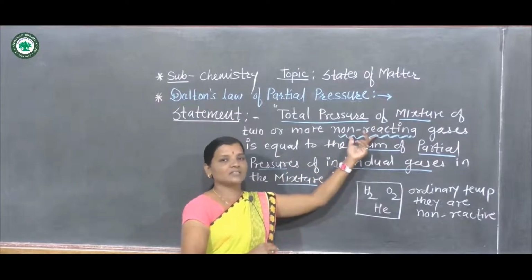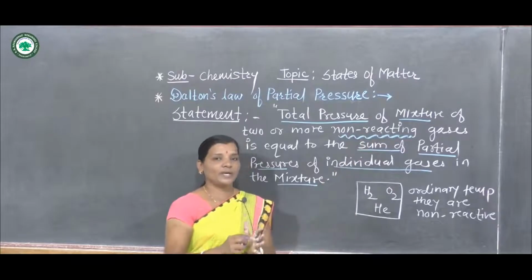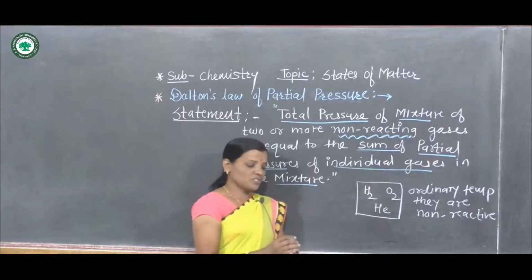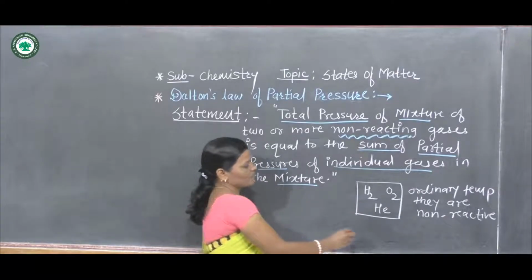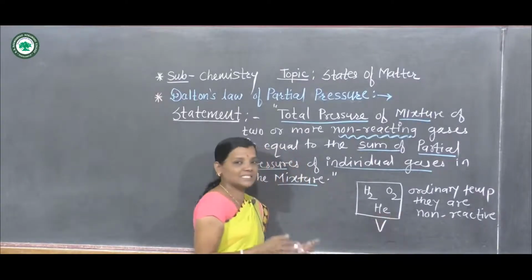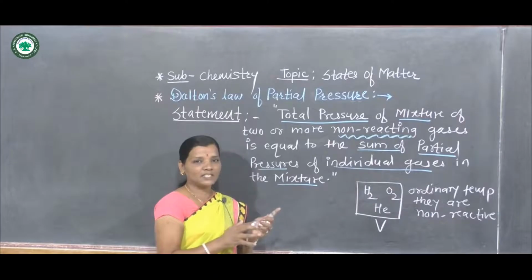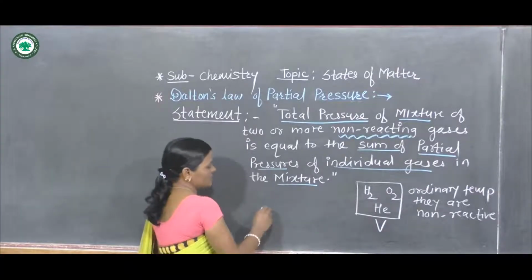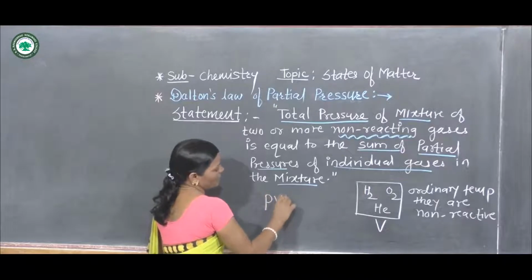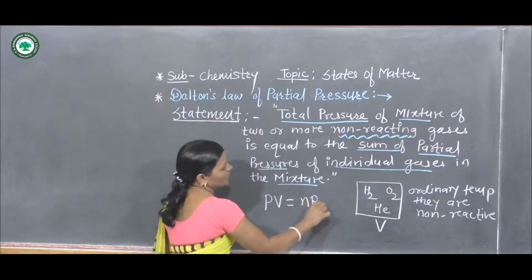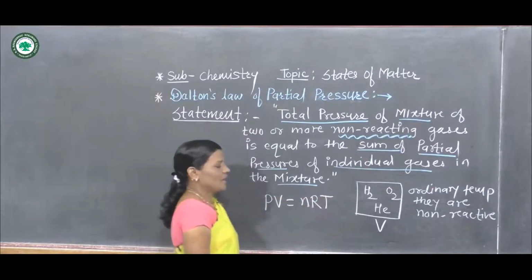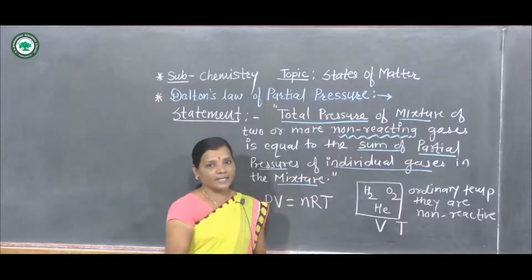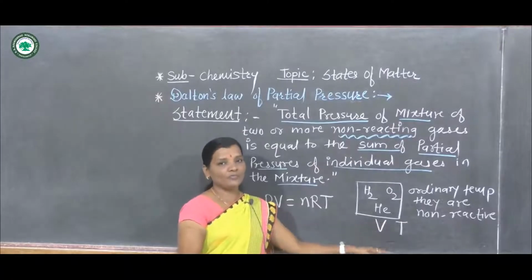Whatever gases are considered for study, they should be non-reactive. Suppose the volume of the gases in the container is V. According to the ideal gas equation, we have PV is equal to nRT. At constant temperature, these gases are taken in a container having volume V.